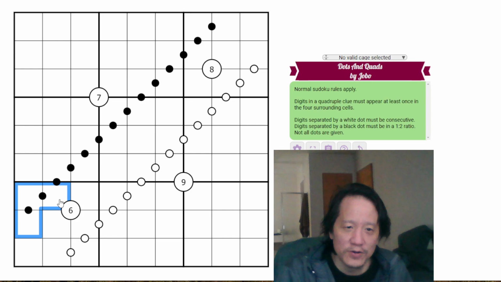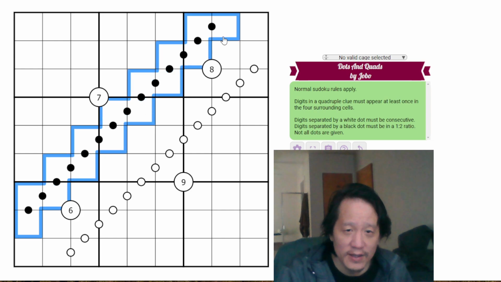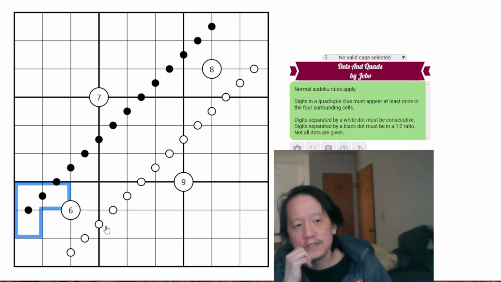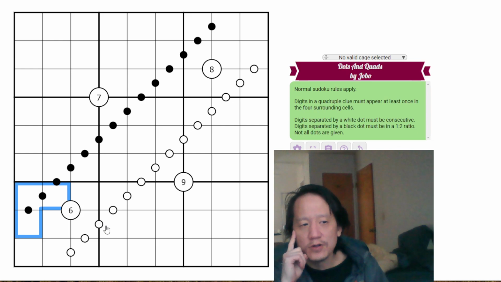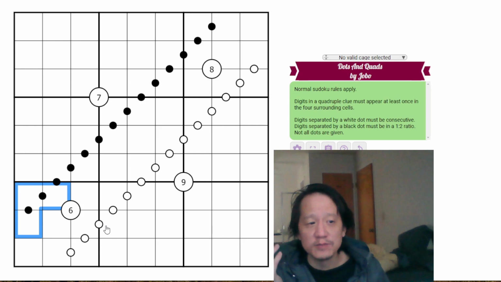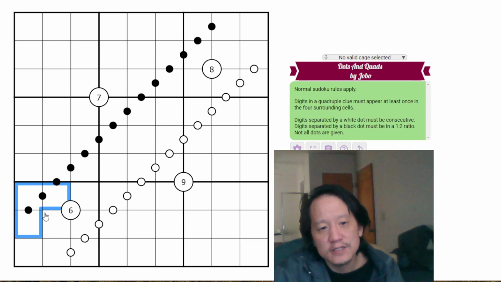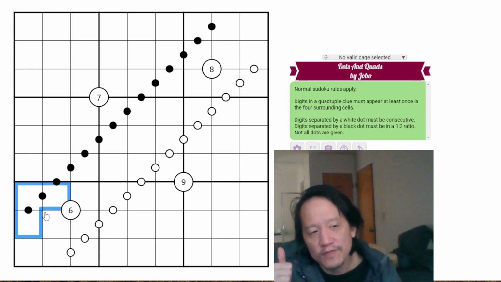Okay, so let's act as if we didn't solve it previously. Anytime you have 3 digits, each unique, all separated by 2 black dots, the digits have to be either 1, 2, 4 or 2, 4, 8.